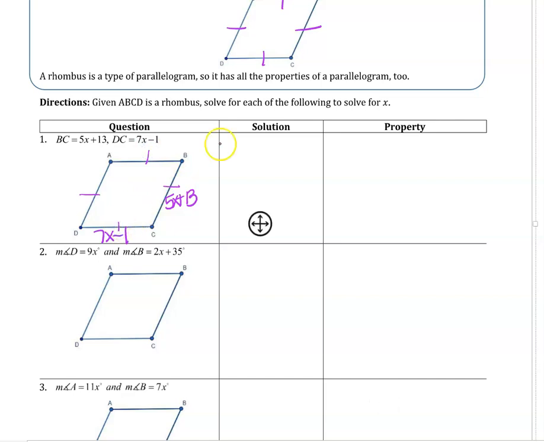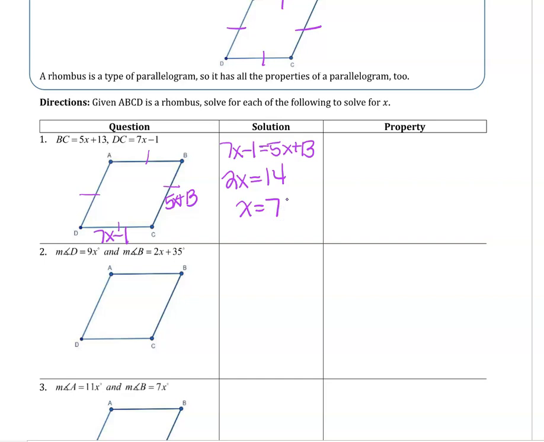So in order to solve, I would simply do 7x minus 1 equals 5x plus 13. Okay, super easy solve. Subtract the 5x from 7x, add over the 1, and divide by 2.